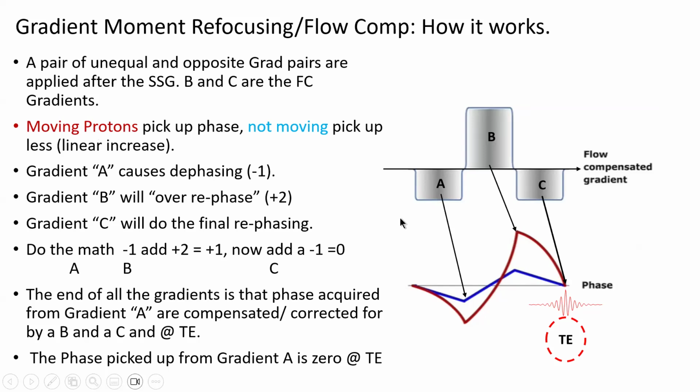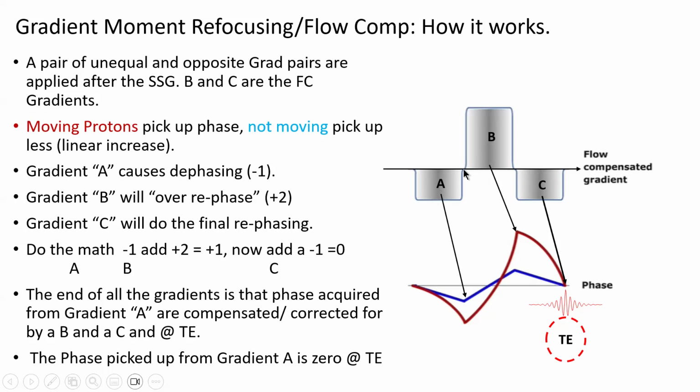Okay, so you're going to say, well, I don't like that, so I'm going to compensate for that. And that's the BC right here. So what you're going to do, this is part of the pulse sequence. It's there always. You can't do anything about it. Okay, so this gradient gets turned on and messes things up. So I'm going to overcompensate with a +2. So here's a -1.